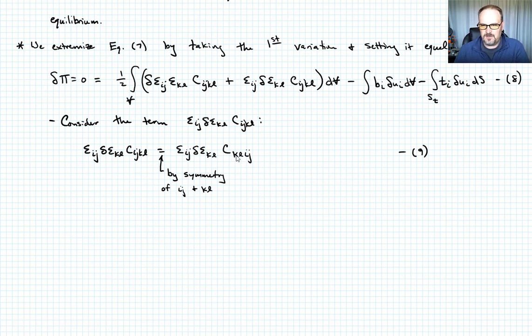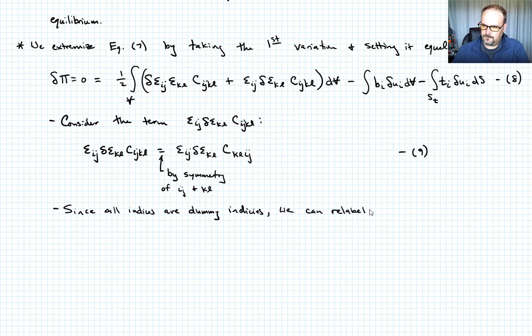Now I also realize that all of my four indices are dummy indices, right? So I'm free to swap those as I feel like I need to. Here's my next statement: since all indices are dummy indices, we can relabel. So epsilon_ij delta epsilon_kl C_ijkl is equal to, I'm just going to write this out again before I relabel, epsilon_ij delta epsilon_kl C_klij.